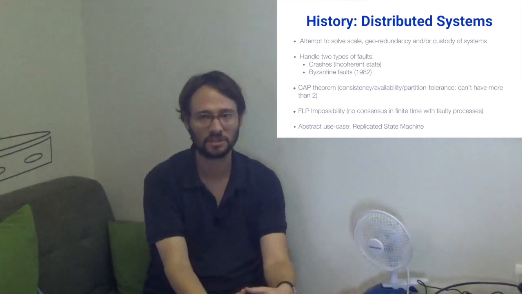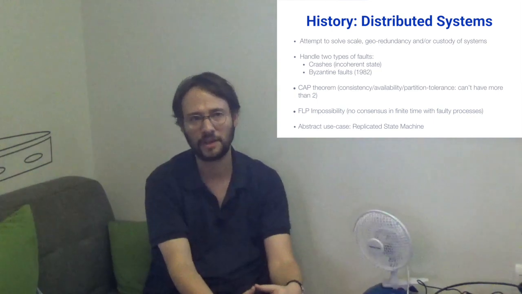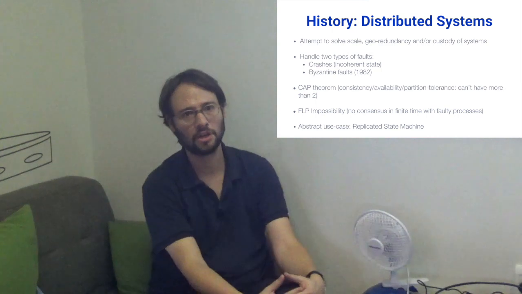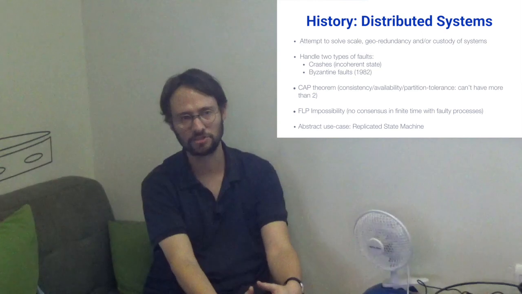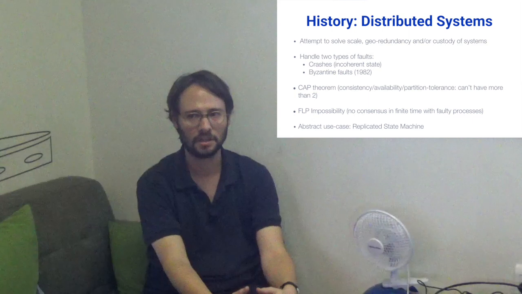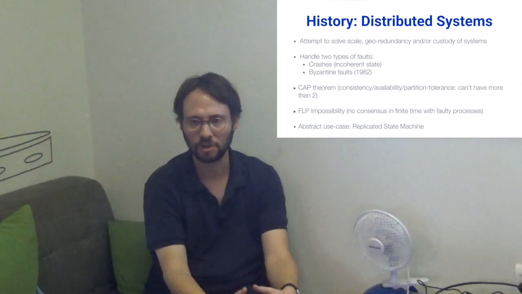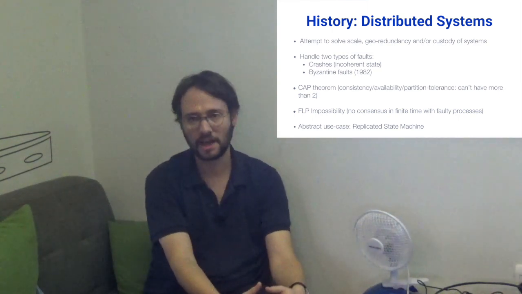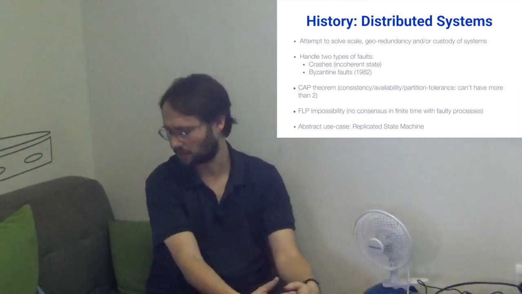If the system crashes while it has not reached a consensus yet, then we might find ourselves in an incoherent state, where some of the computers in the system know of one state and other computers know of another state, and the system crashed, so now they have partial communications, or some of the servers are offline, and we need to have one coherent state across the system. So that's one fault that we need to handle for. And the other is a Byzantine fault, which I'll tell a little bit more in the next slide.